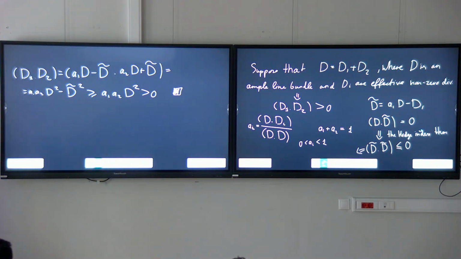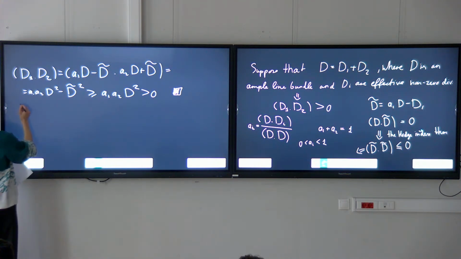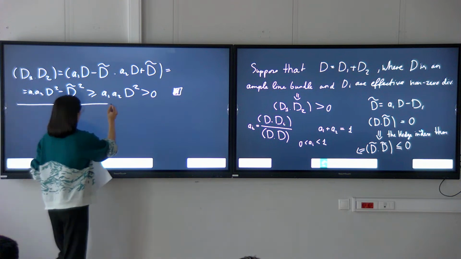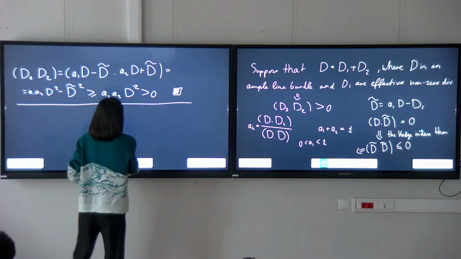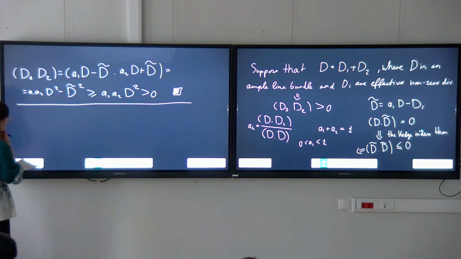And now let us continue to discuss linear systems on a K3 surface. So before this, let me recall what we have for curves, just because for a K3 surface the picture will be quite similar.